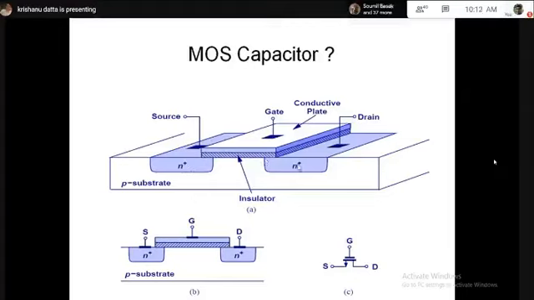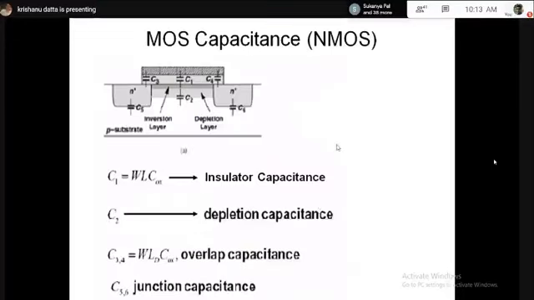So these three capacitances are very obvious from any MOS transistor structure. Okay. In the next page, I shall try to quantify a little bit more about these various capacitance components, but whatever high level I just told you remains the same.